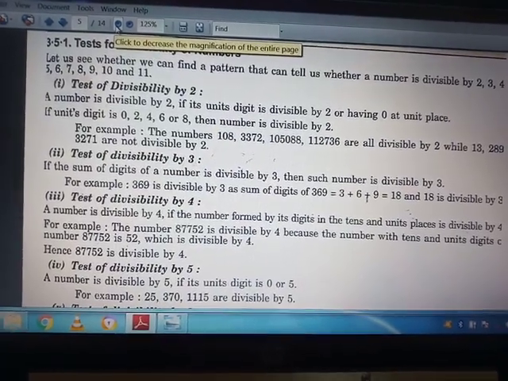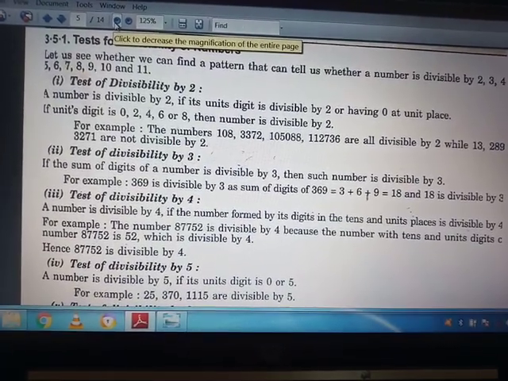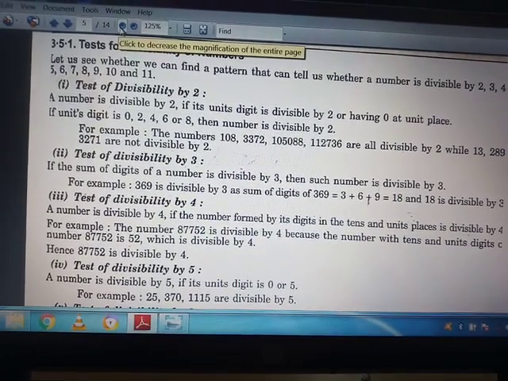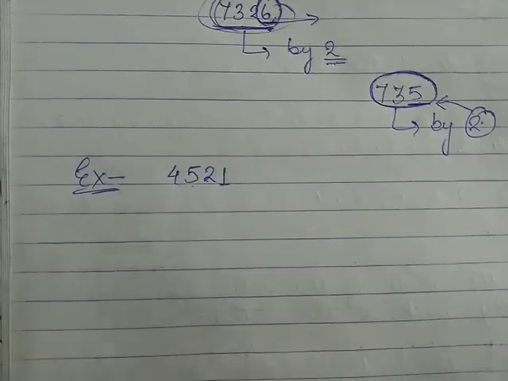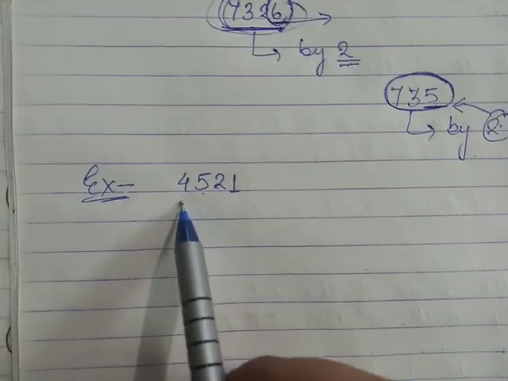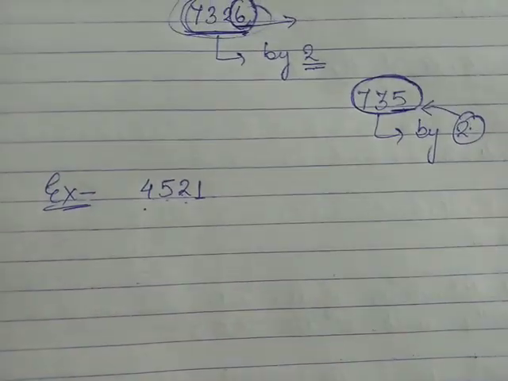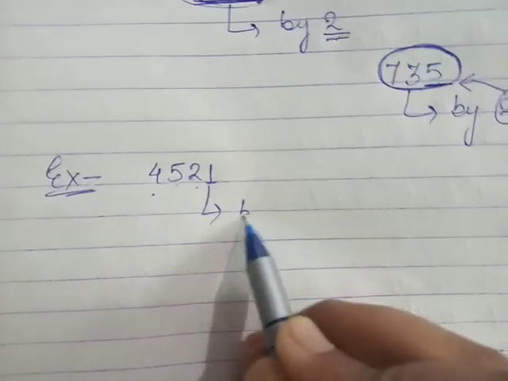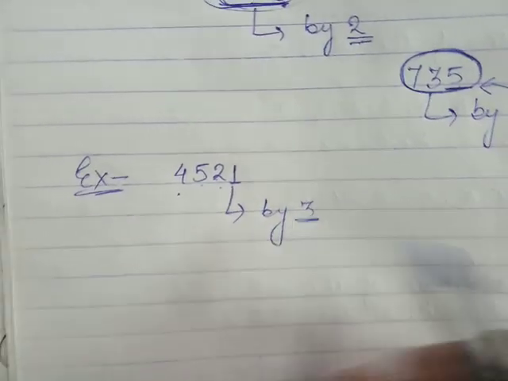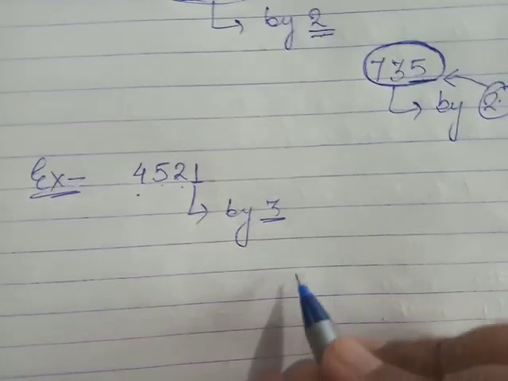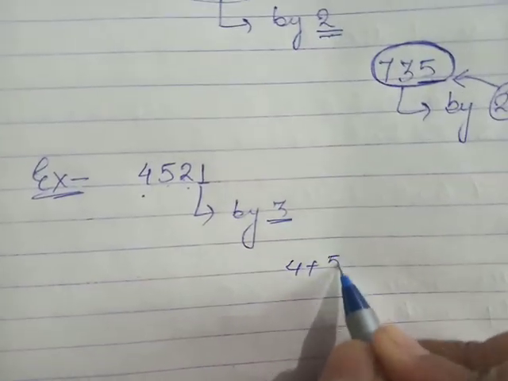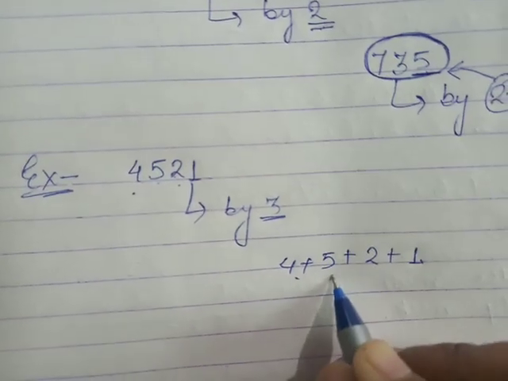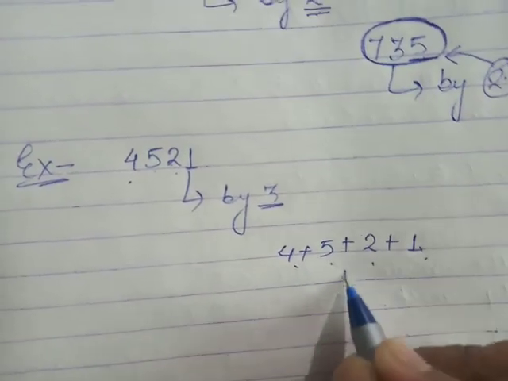Okay, so now move to test of divisibility by 3. If the sum of digits of a number is divisible by 3, then such a number is divisible by 3. So let's see. Suppose we have the number 4521. If we want to check the divisibility by 3, we will just add the digits: 4 plus 5 plus 2 plus 1. 4, 5, 9 plus 2, 11 plus 1, 12.